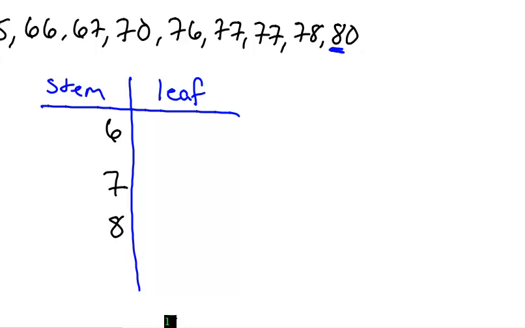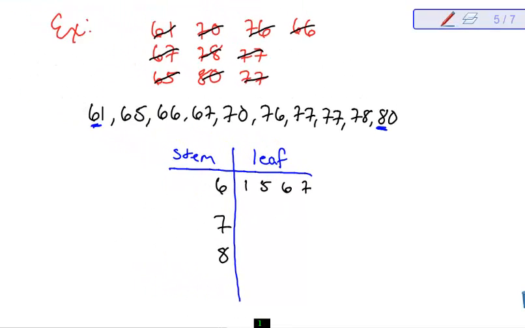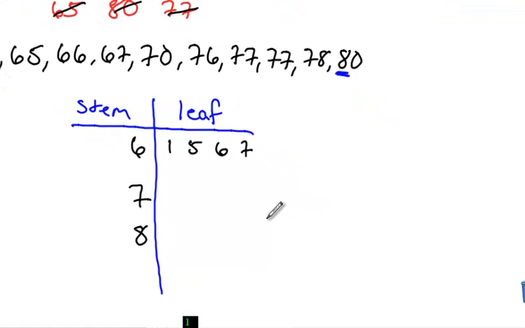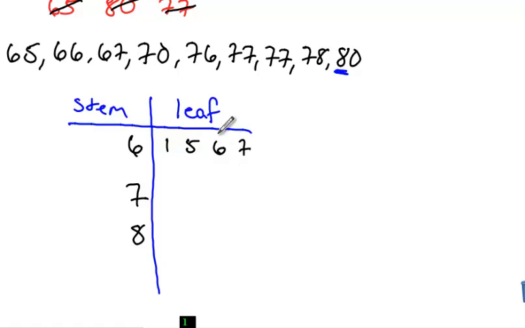My leaves are going to be a 1, 5, 6, and 7. I try to evenly space my leaves out, with a little bit of space in between them, and keep them in the same column as I go down. And I need to put these in order from least to greatest. So I should not have the 7 here in front of the 1 or anything like that. That's why we put them in order from least to greatest to start out with.